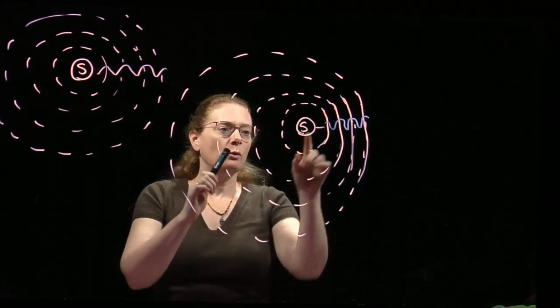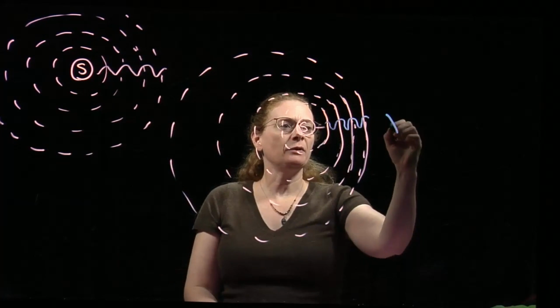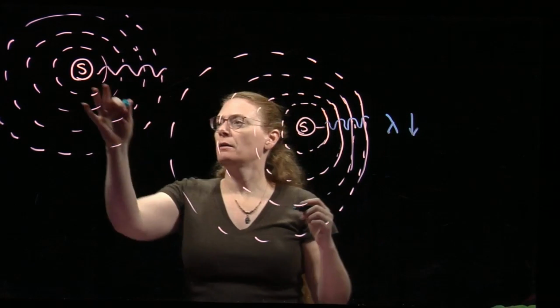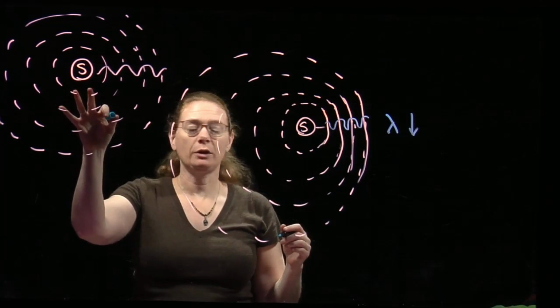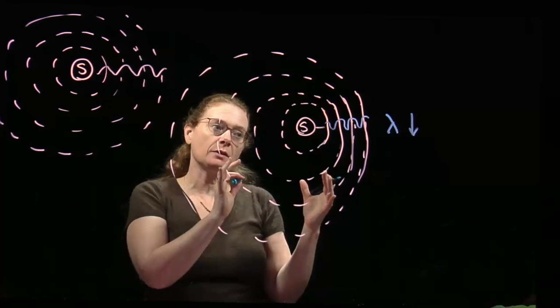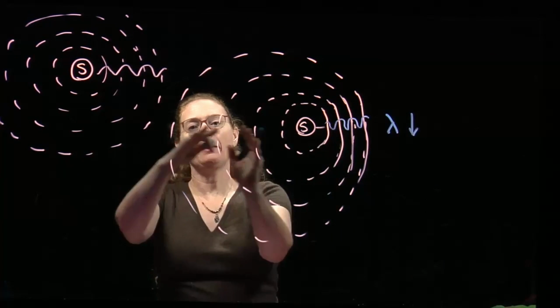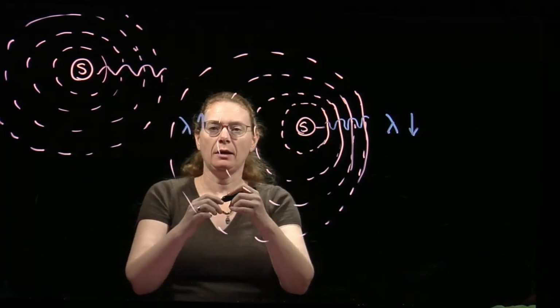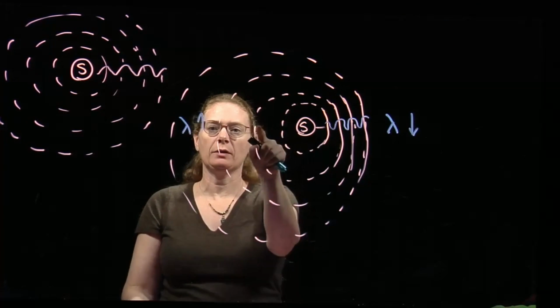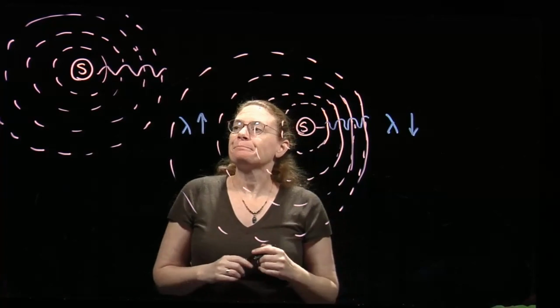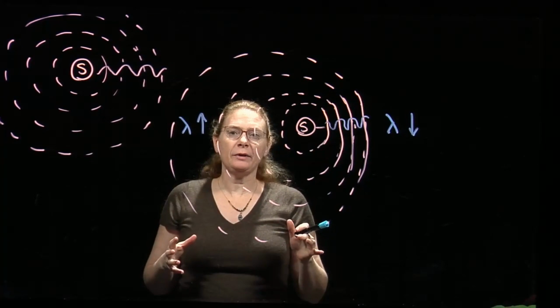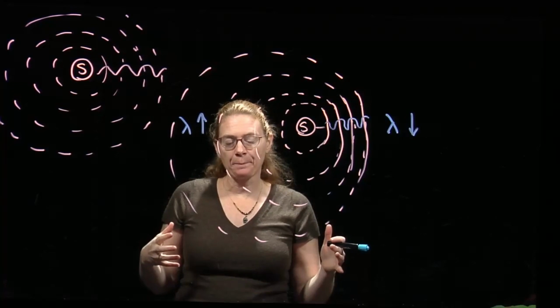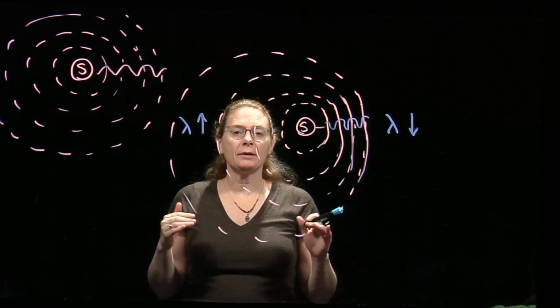Here, the lines are much closer together than they were originally. And so out front here, the wavelength is lower than when it was just holding still, because those wave fronts get squished together. And back here, the wavelength is bigger because they get spread out, so the distance between the circles is bigger. So what we have is the wavelength changing as the source is moving.